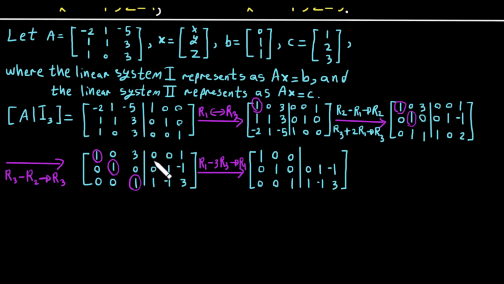Now here 0 minus 3 multiplied by 1, so 0 minus 3, because 3 multiplied by 1 is 3, 0 minus 3, which is negative 3. So here I have to write negative 3.